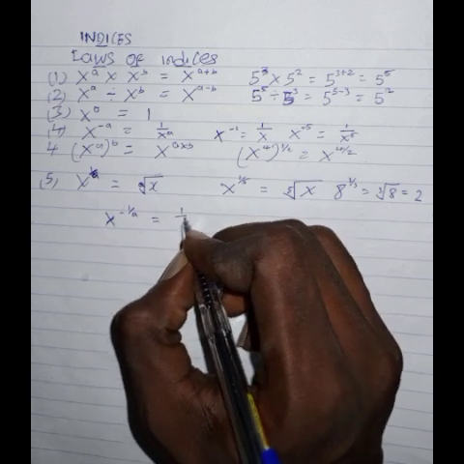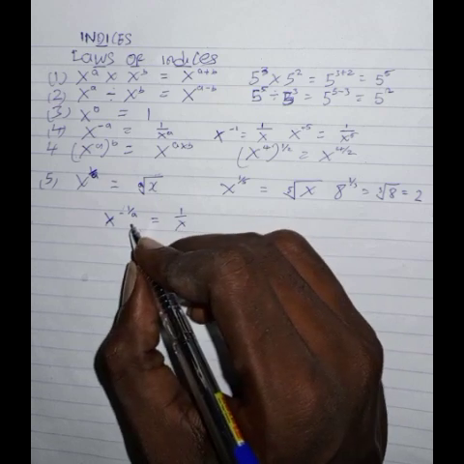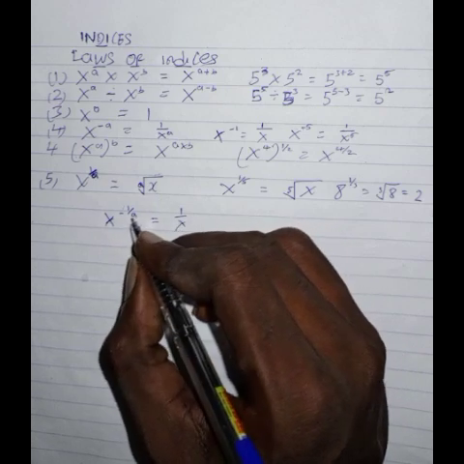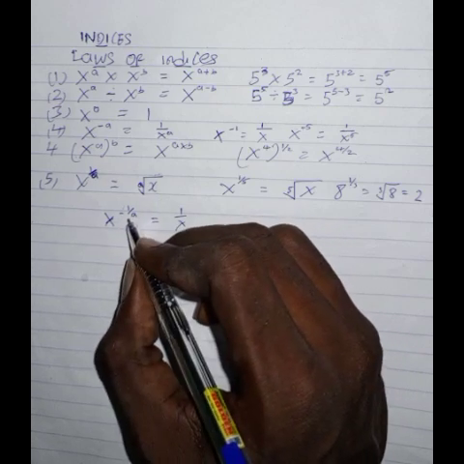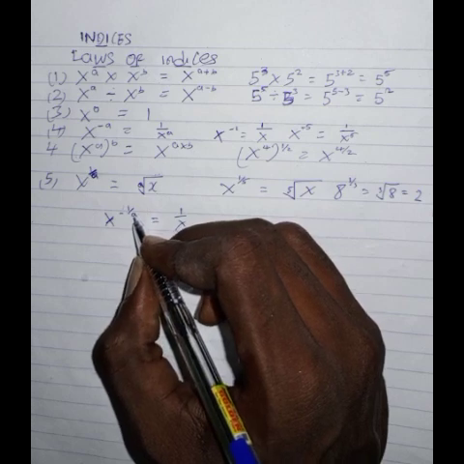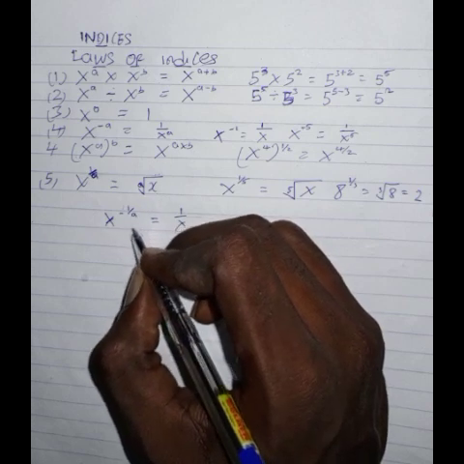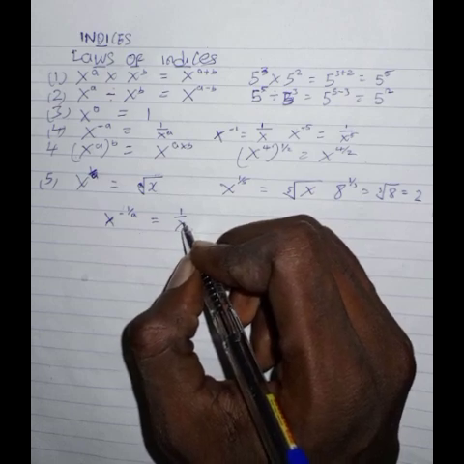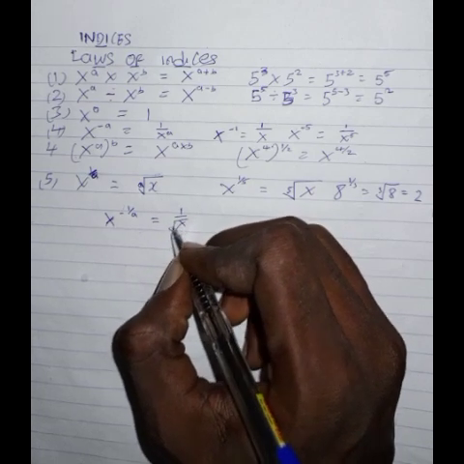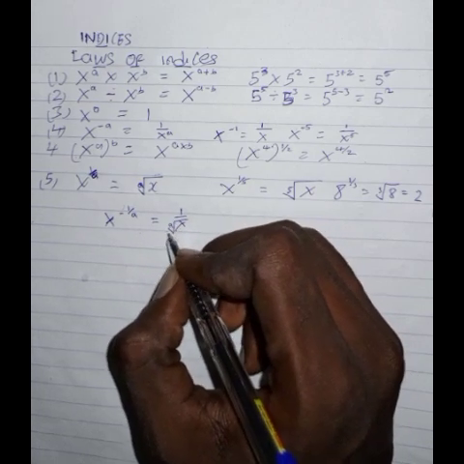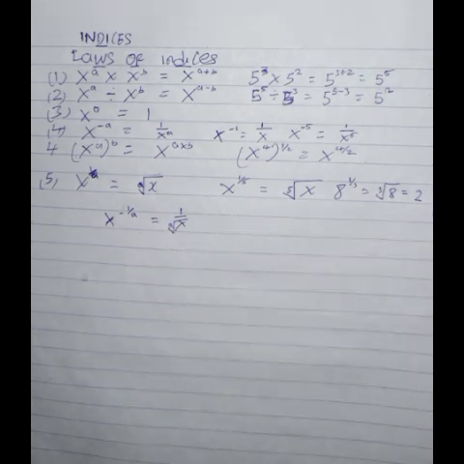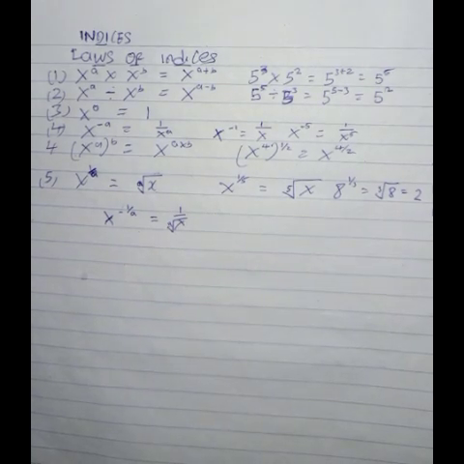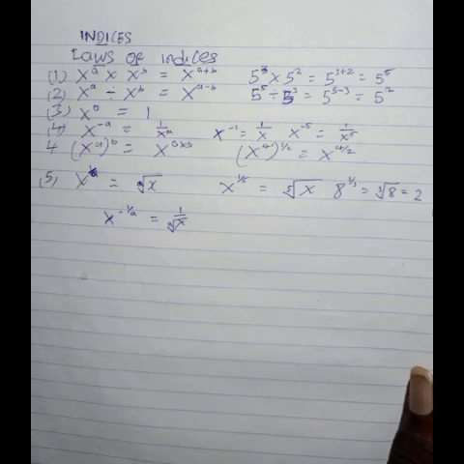So I have 1 over x, which is the inverse, but don't forget that this has become 1 over, I have a fraction here, and whenever I have a fraction as the power, I'm having a root. So whatever value there is the root of it, a. If this was 5, it will become the root of 5. If this was 10, it will become the root of 10. So whatever value there becomes the roots.